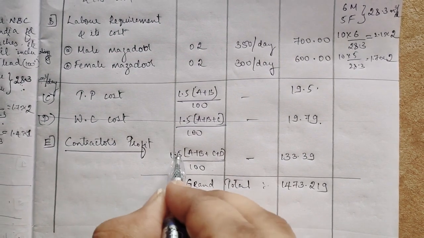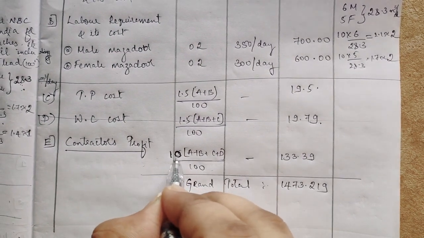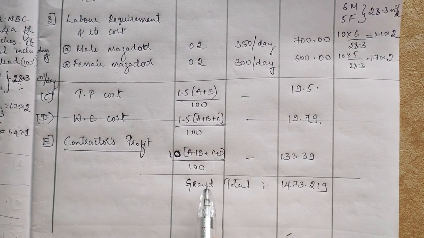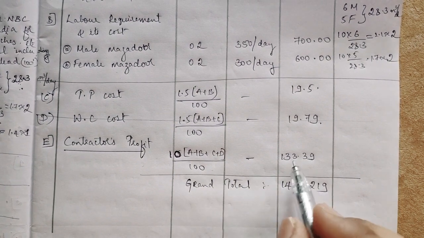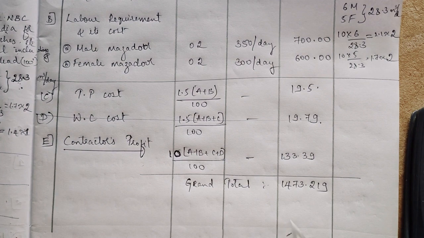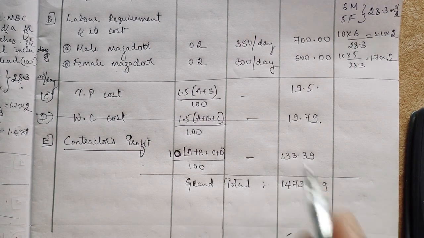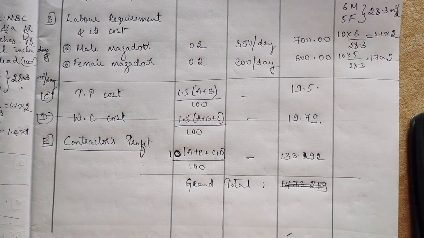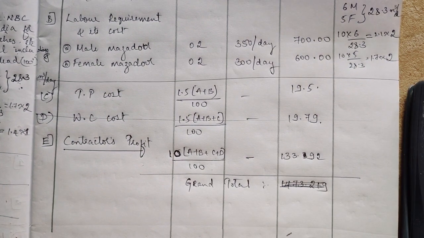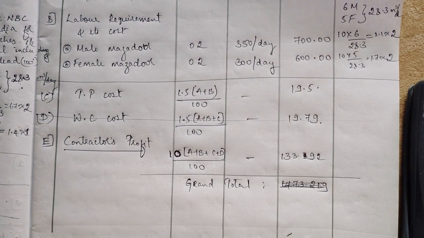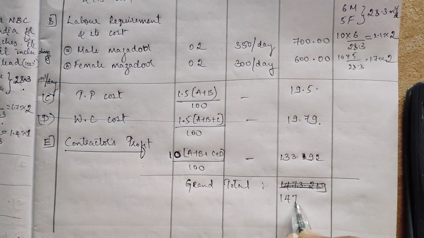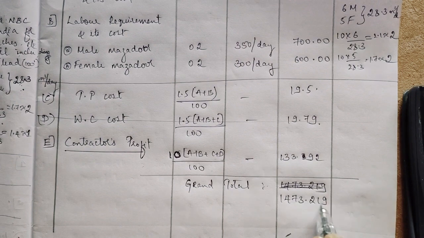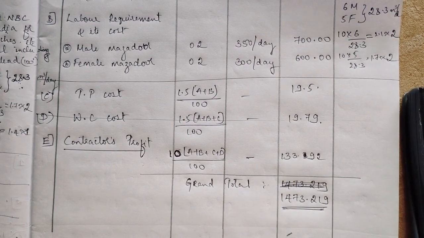So here it is 10%, right guys? 10% of A plus B plus C plus D divided by 100. So it will be 133.92. So the total will be 133.92 plus 19.79, 19.5, 700, 600 will be same, 1473.219. So this is our grand total.